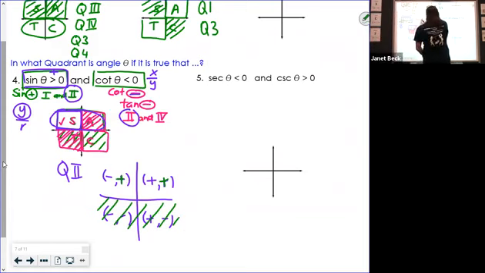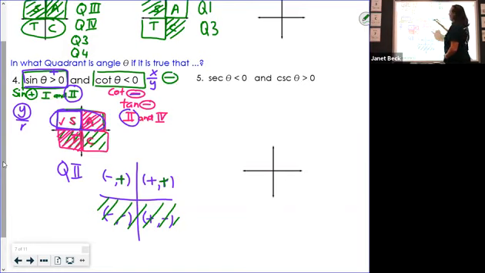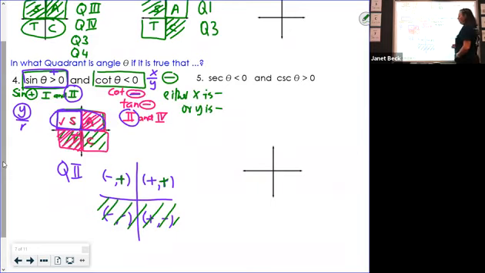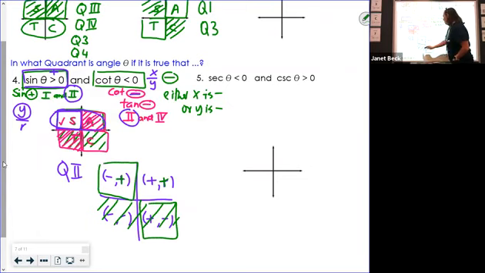To work out if cotangent is negative, to get x divided by y to be negative, either x is negative or y is negative, but not both. So this would be good, and this would be good, but not that because they're both negative, and not this because neither of them are negative. So this is again going to leave me with the answer of quadrant 2.